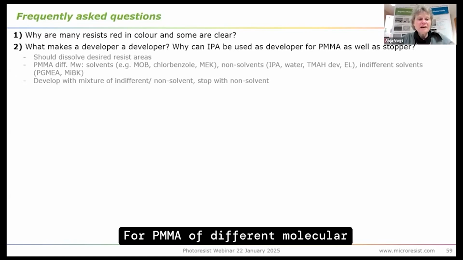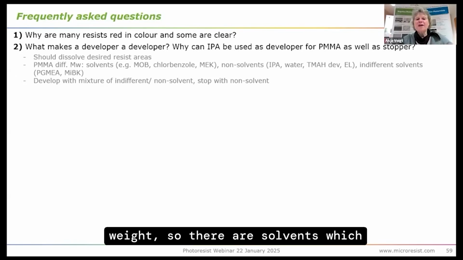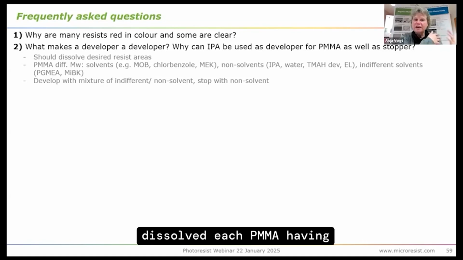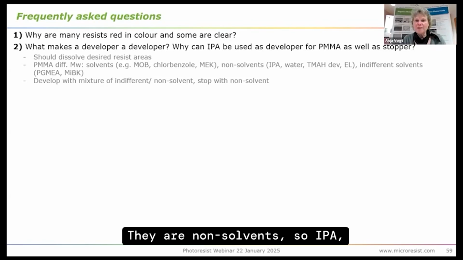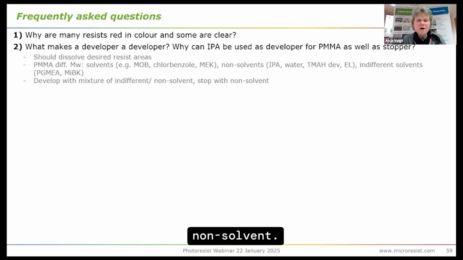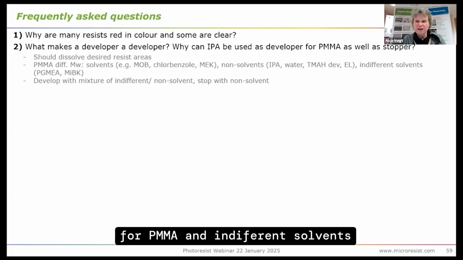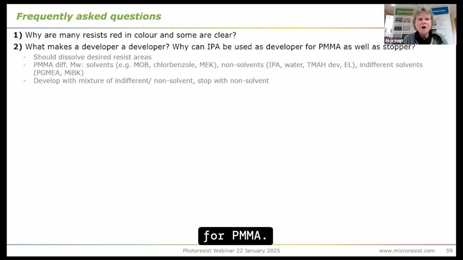For PMMA of different molecular weight, there are solvents which dissolve each PMMA. They are non-solvents, so IPA, water, TMAH, ethyl lactate are non-solvents for PMMA, and indifferent solvents have hardly any dissolution force for PMMA.